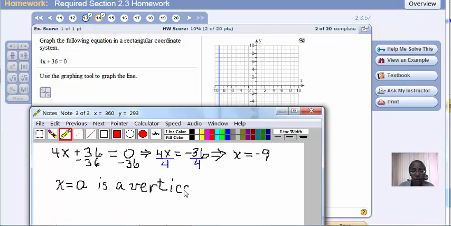I'm going to get a vertical line. When all of the y coordinates are one and only one value, let's say that fixed value is b, that's always a horizontal line.